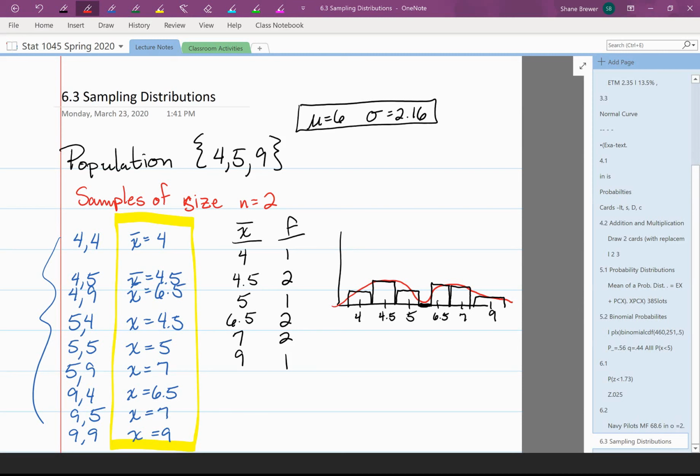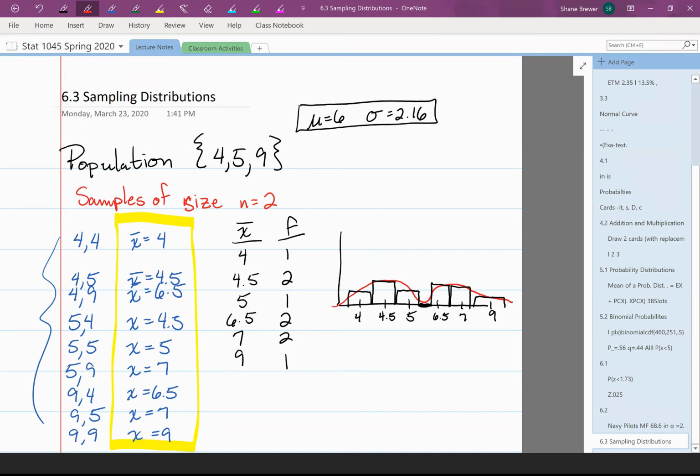So when we talk about sampling distributions, that's what we're talking about. It's imagining that you can take all of the samples possible. And when we're talking samples of size 100 out of 40,000, there are a lot of samples. But if you take all of the samples possible of size 100 and find all of their means, and then graph just the means, you're going to get the sampling distribution.